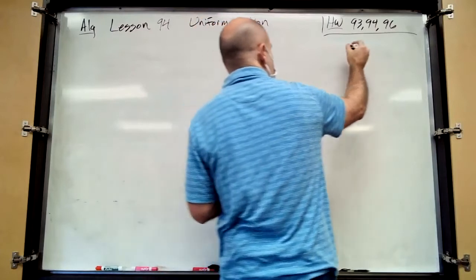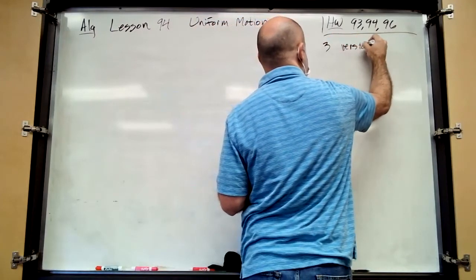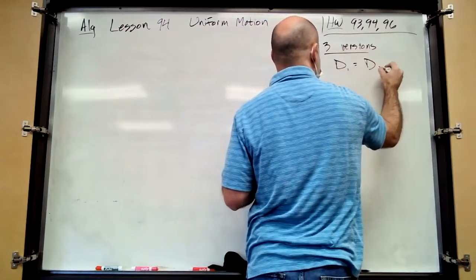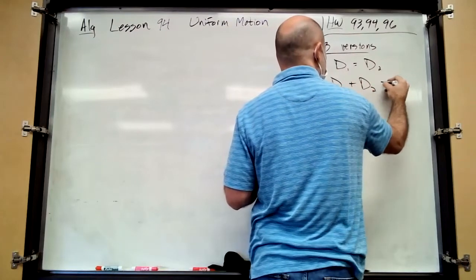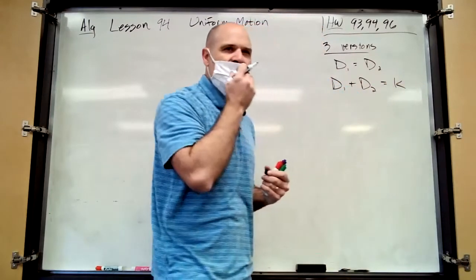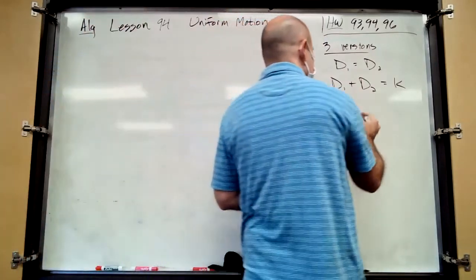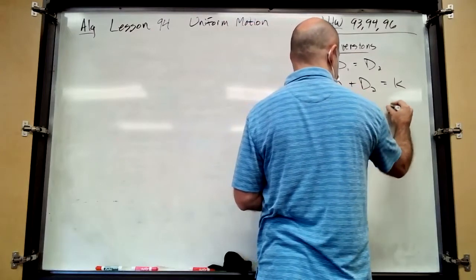Here are the different versions, three versions of what we're going to talk about in this curriculum anyway. D1 equals D2. What we're going to talk about today is D1 plus D2 equals a constant. And usually when you talk about a constant or a scale factor, you say K. Version 3 is D1 plus K equals D2.